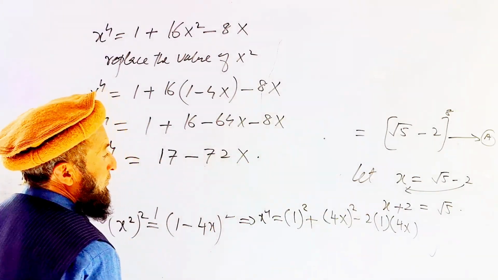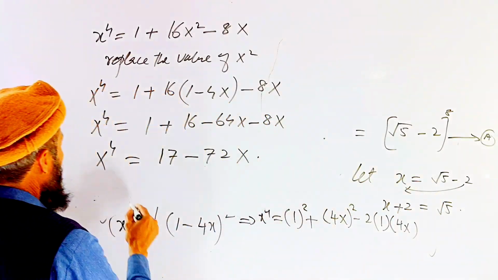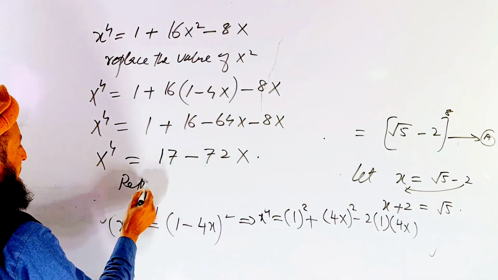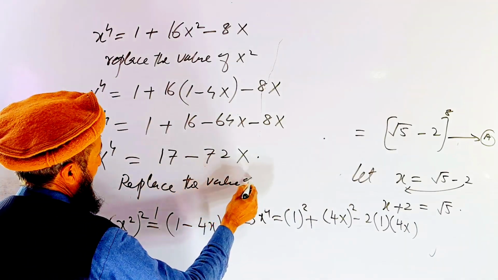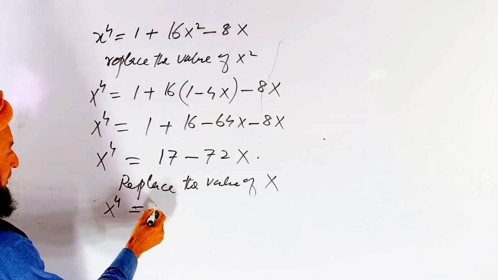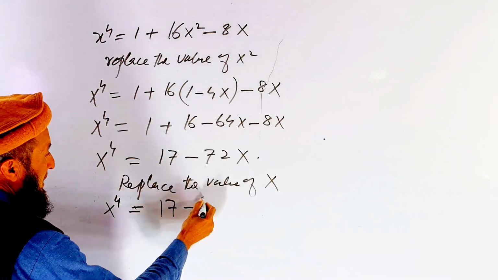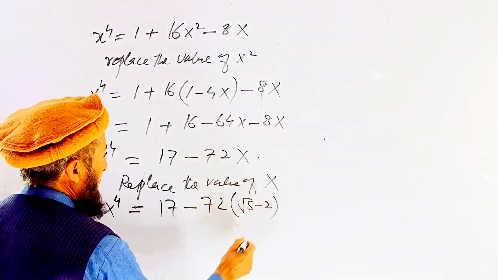x is equal to 5 under root minus 2. We replace the value of x, so x4 is equal to 17 minus 72 into 5 under the root minus 2.